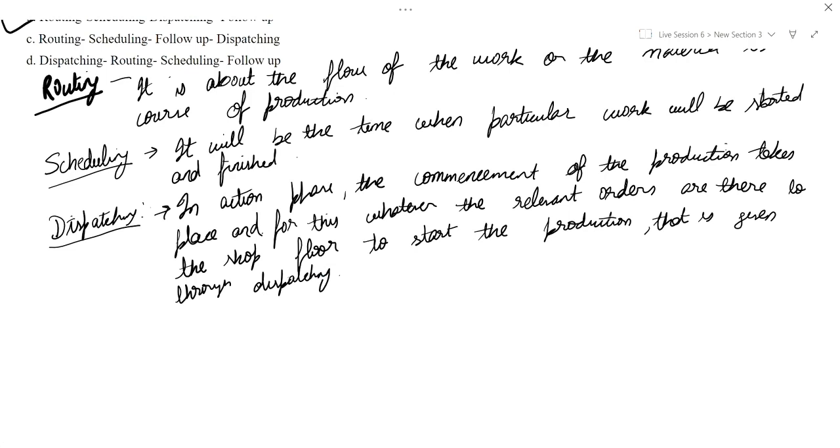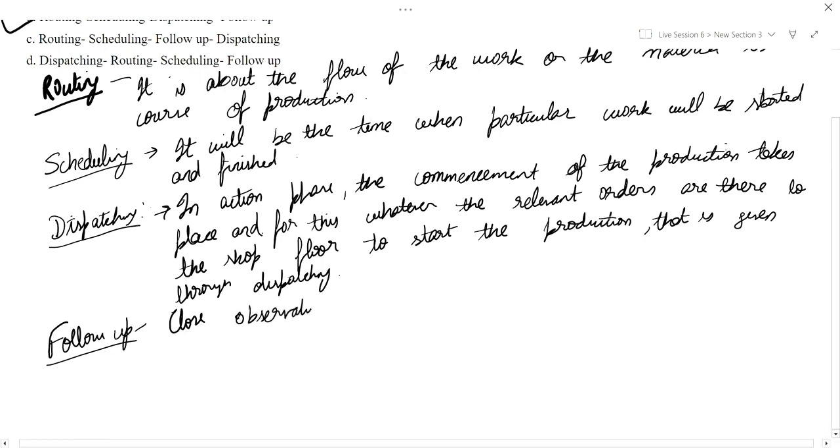Okay, next is follow-up. So in follow-up we will have the expediting. Expediting is also known as follow-up. Here we will be having close observation of the execution.